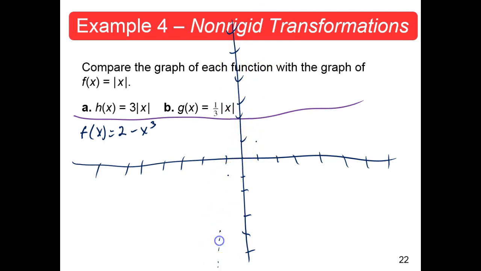There's your x cubed function. And what's the first thing you do to x cubed? Negate it. So what's that going to do? It's going to flip it. So that goes there, this goes here. So now it's like this.